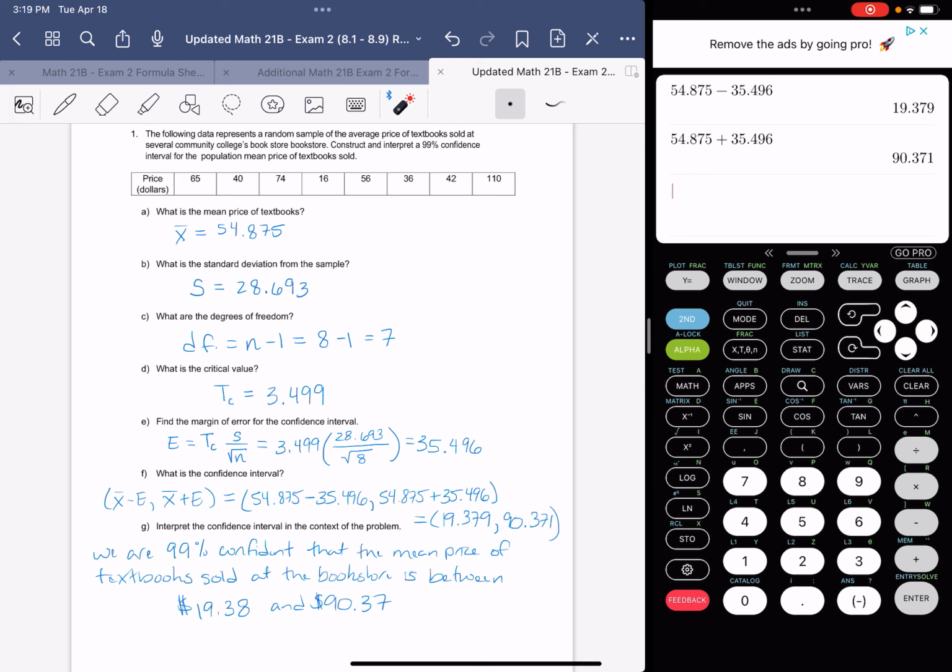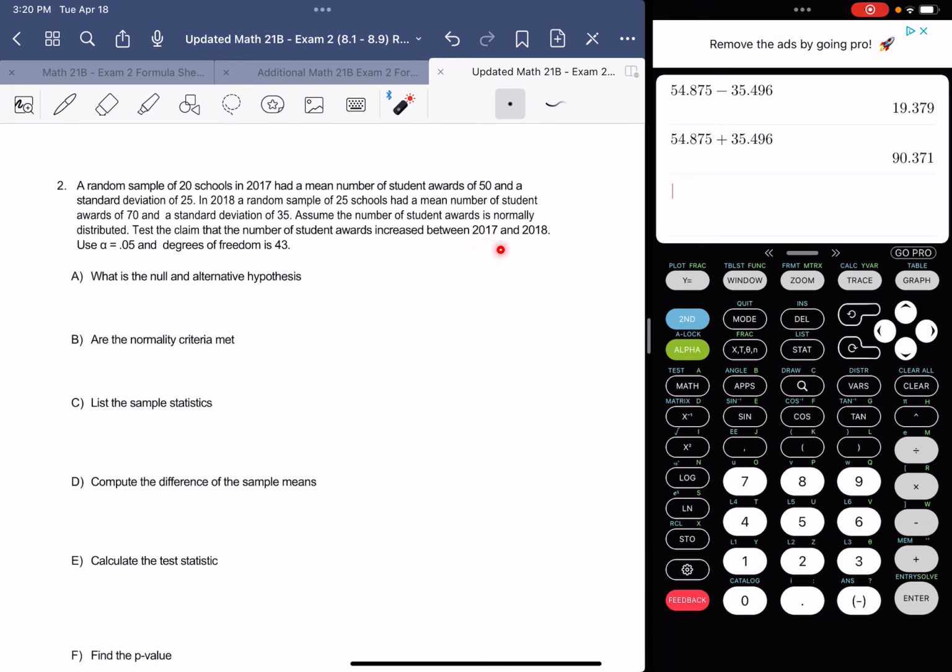In 2018, a random sample of 25 schools had a mean number of student awards of 70 and a standard deviation of 35. Assume the number of student awards is normally distributed. Test the claim that the number of student awards increased between 2017 and 2018. Use a significance level of 0.05 or 5%, and degrees of freedom is 43.